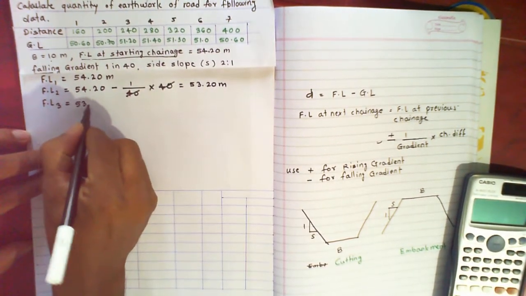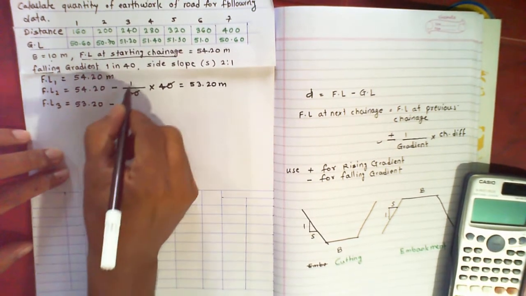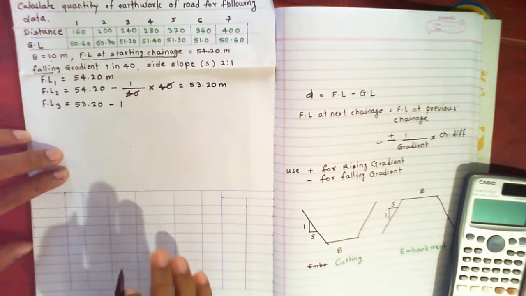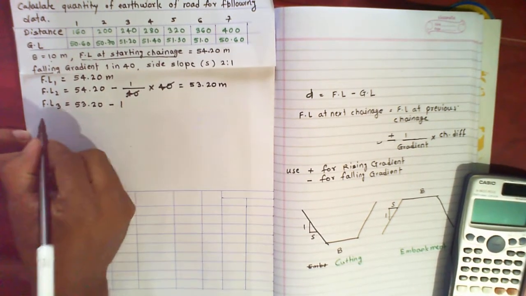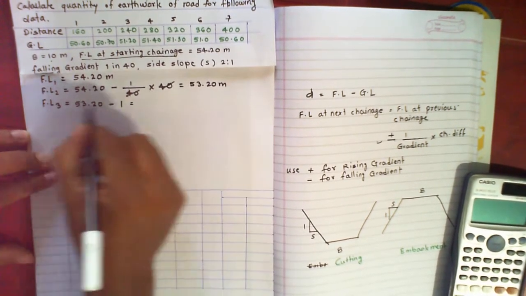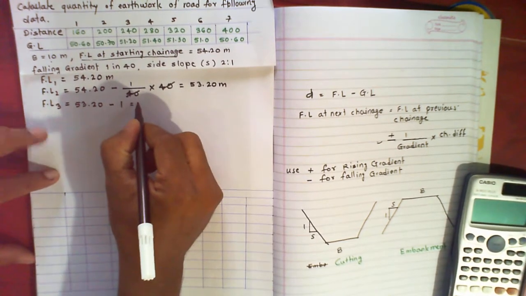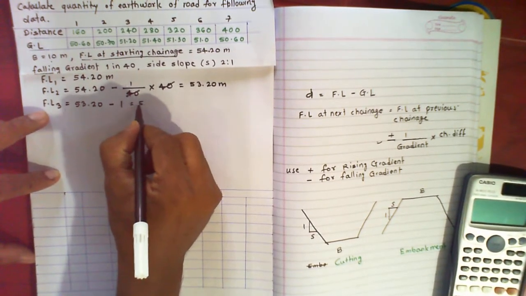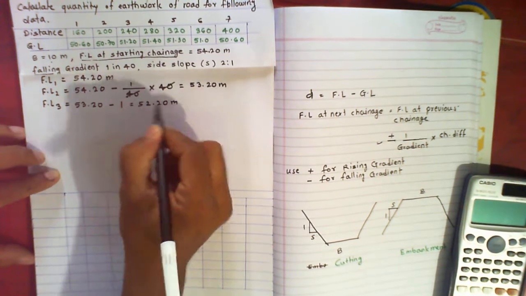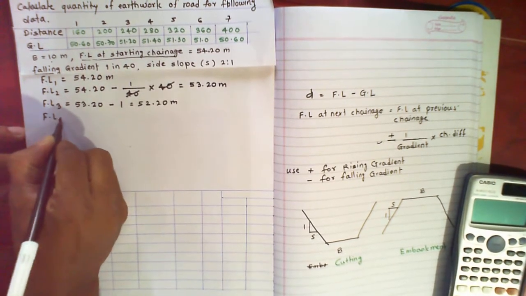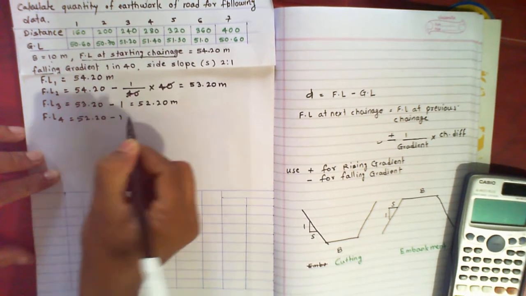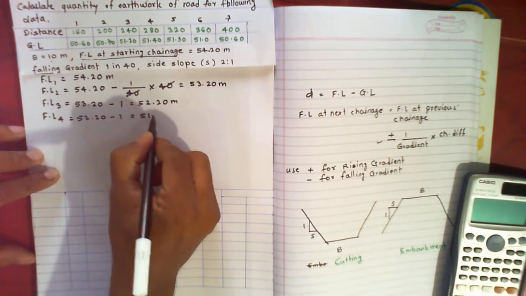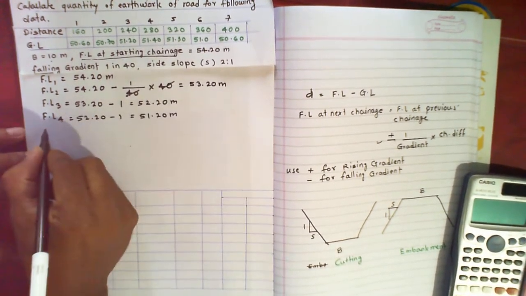So 53.20 minus this one will be constant for every calculation of formation level. So FL3 is 52.20 meter. Then FL4, it is 52.20 minus 1, it will be 51.20 meter.